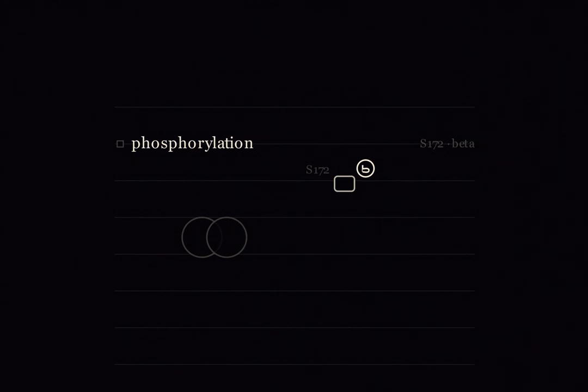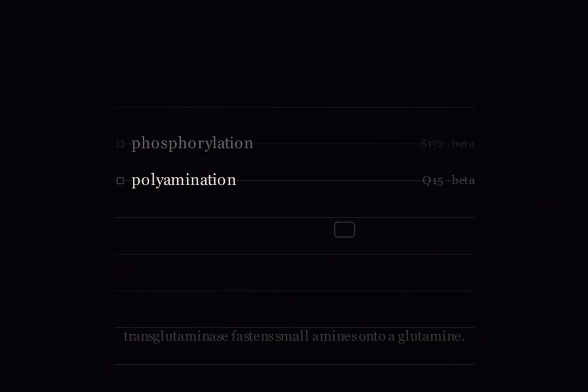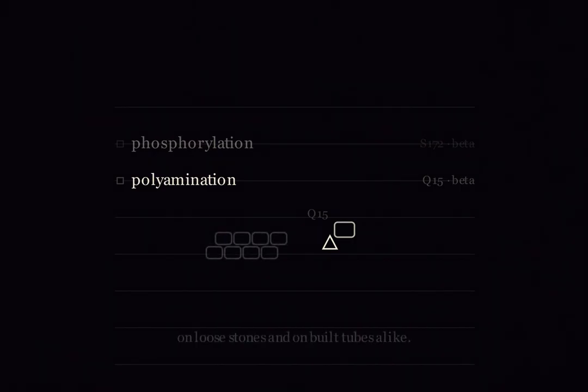Polyamination. An enzyme called transglutaminase fastens small amine molecules onto a glutamine, position 15 of beta-tubulin, near the stone's other end. It works on loose stones and on built tubes alike. The bond does not come undone. The mark is for life, probably stabilizing. Little follow-up. A second vinegar mark.